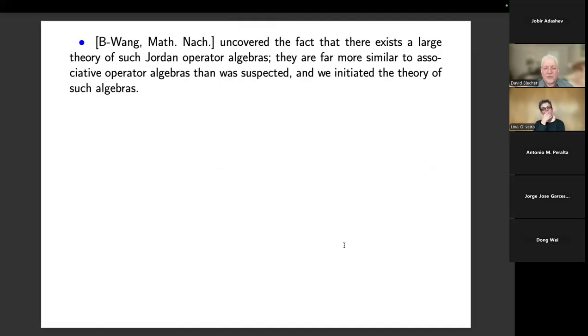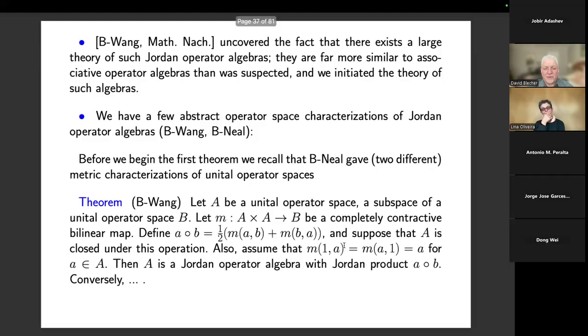In some of the papers that I mentioned earlier, we developed the theory of Jordan operator algebras from an operator space point of view. So I'll just flash up some slides giving some abstract operator space characterizations of Jordan operator algebras, from papers with my students Genoa and Matt Neal.